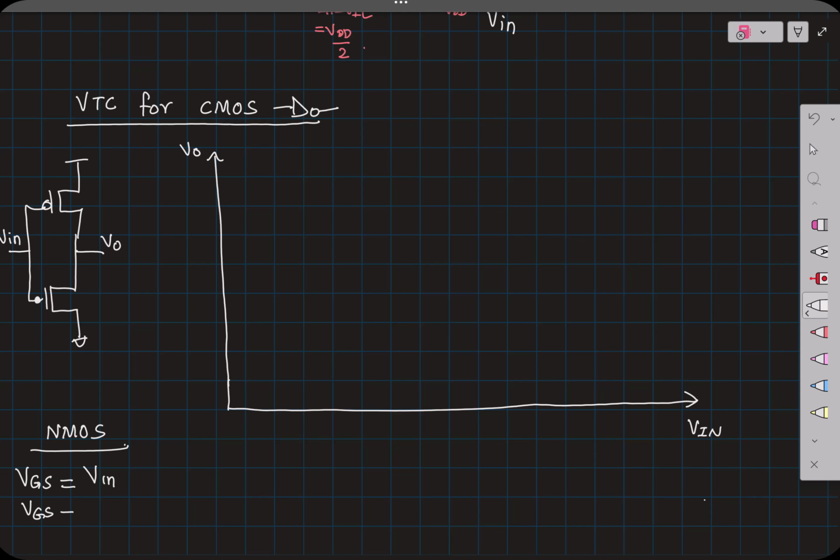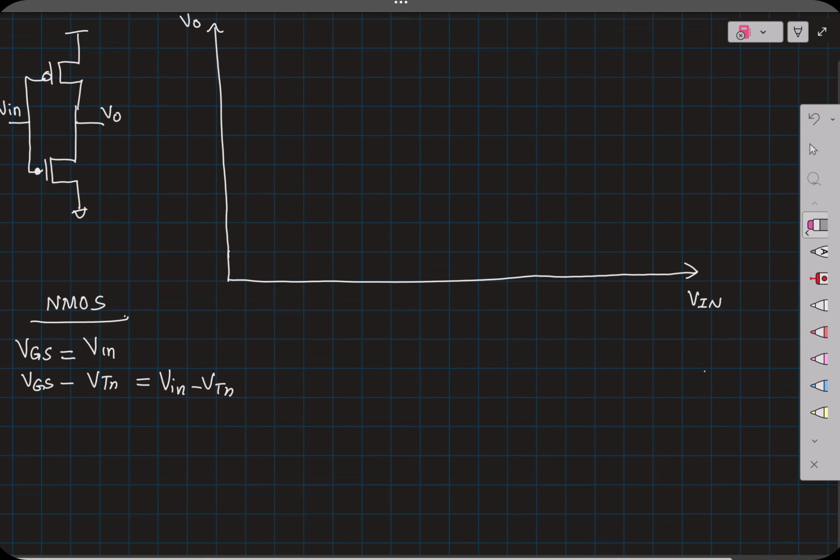So VGS minus VTN is simply going to be Vin minus VTN. Your VDS for the NMOS transistor is the same as V0, and then you will of course have some VDSat associated with this transistor, right?